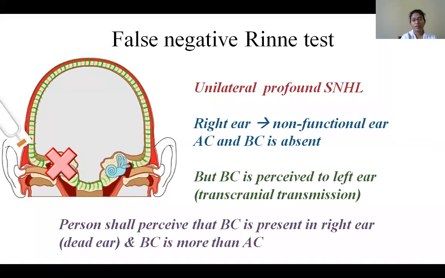So the person will say that bone conduction is present but air conduction is absent, and we interpret it as bone conduction being more than air conduction. But technically that is false, because in the right ear, being non-functional, both air conduction as well as bone conduction are absent. So this is one thing you have to remember whenever there is a false negative Rennie's test.